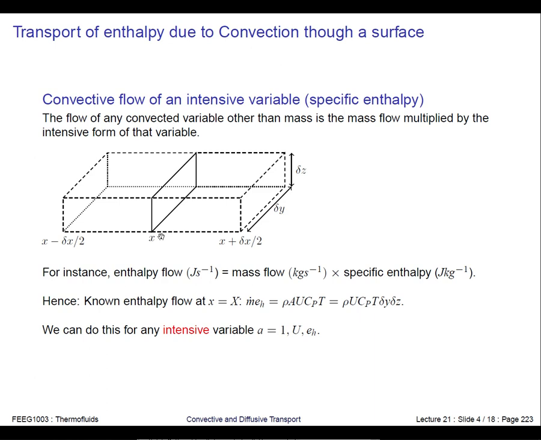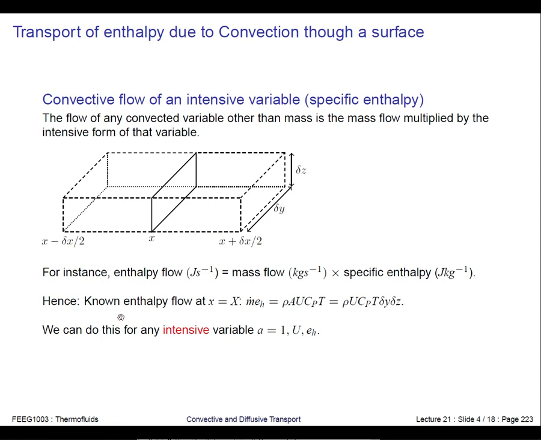This is the thermal power flowing through this surface. Okay, so we're interested in enthalpy flow, so this is energy flow per unit second, and we can work this out really easily because we've got the mass flow, which is kilograms per second, and the specific enthalpy, and the kilograms cancel, and it gives us joules per second.